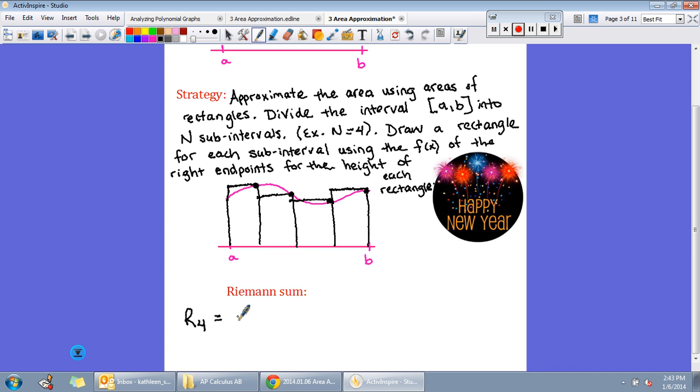For each width we're going to have a delta x, and delta x is going to be equal to the difference in your interval divided by how many subintervals you have, times f of some x value. If you have 4 subintervals, you should have 4 rectangles.